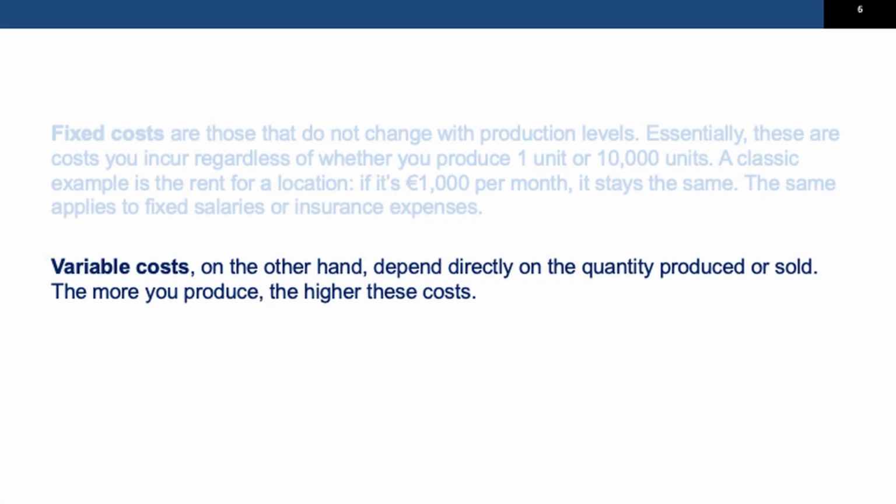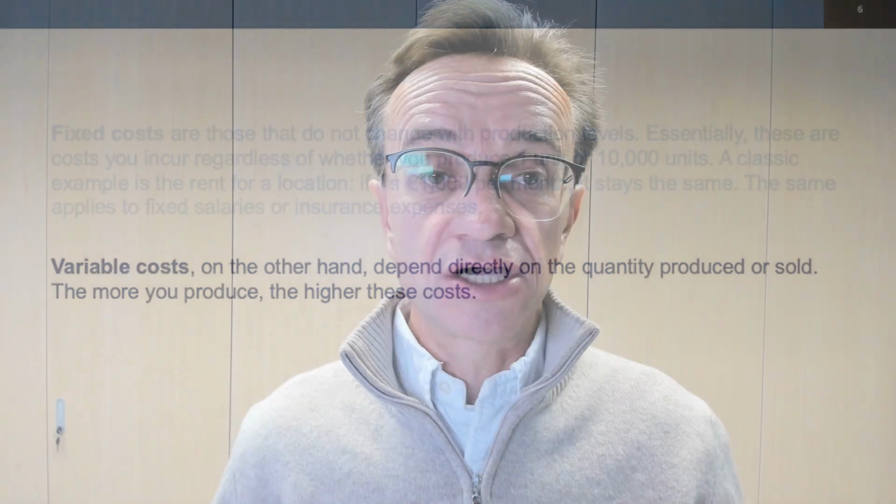Variable costs, on the other hand, depend directly on the quantity produced or sold. The more you produce, the higher these costs. Think of raw material costs, electricity, or the percentage that you give to your sales force, or any cost that changes according to the units that you are going to either produce or sell.